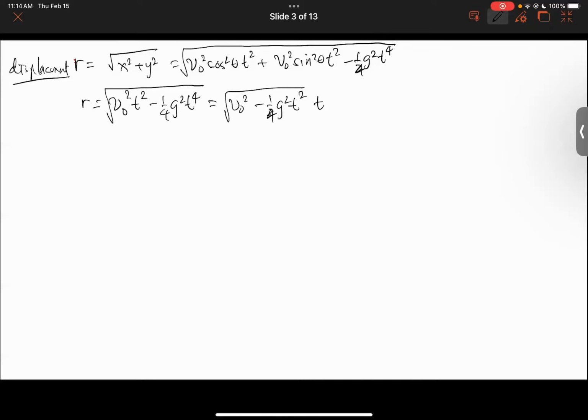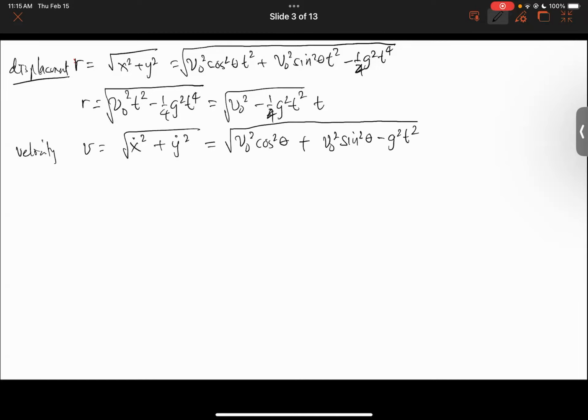And if you want to solve for the velocity, then v is equal to the square root of x dot squared plus y dot squared. Ang x dot is just v naught cosine theta. Okay, and if you square that, you have this result, and then ang y dot is v naught sine theta minus g t, so squared it is v naught squared sine squared theta minus 2 v naught sine theta g t plus g squared t squared.